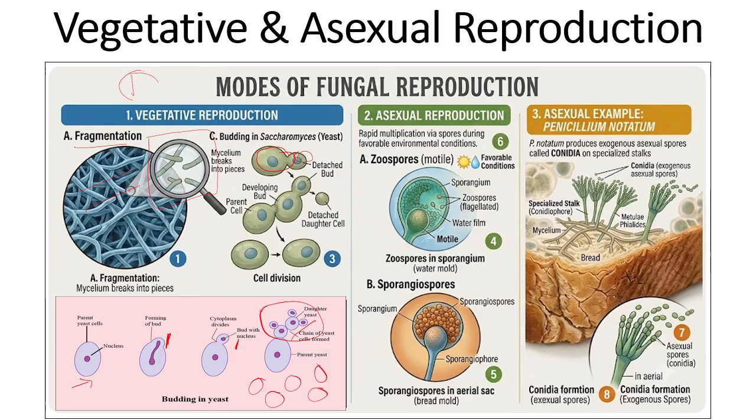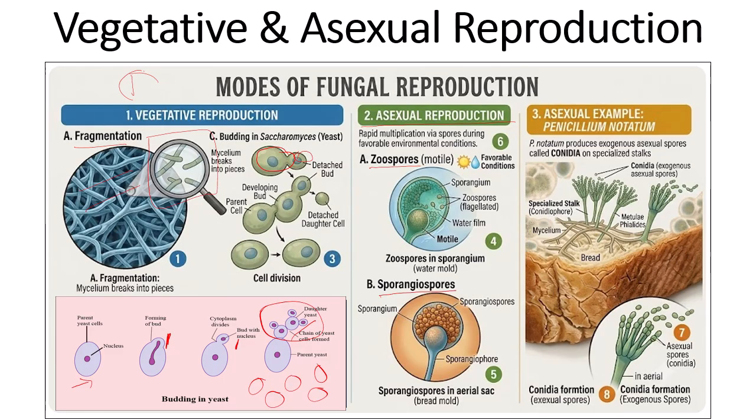Then asexual reproduction is the second method. Whenever there are adverse environmental conditions, fungi reproduce asexually by means of different kinds of spores, called zoospores as well as sporangiospores.